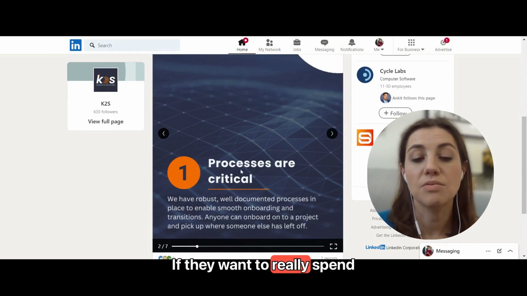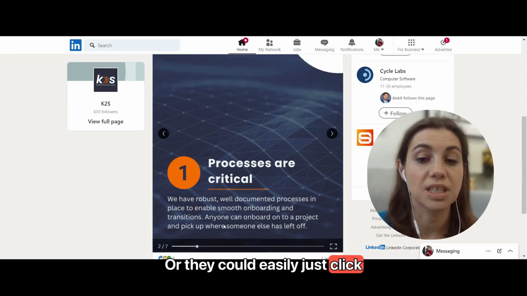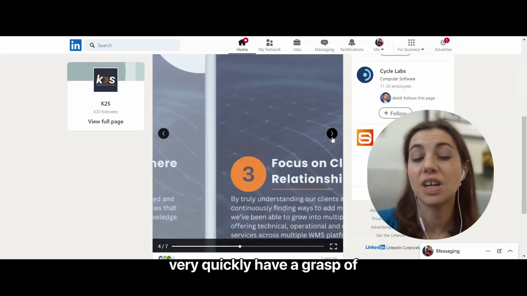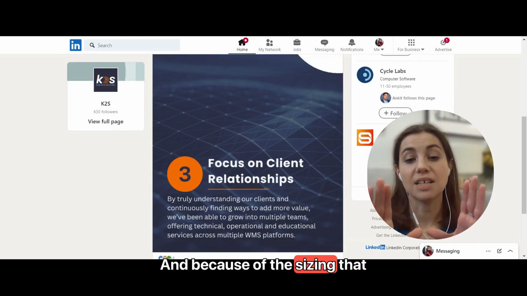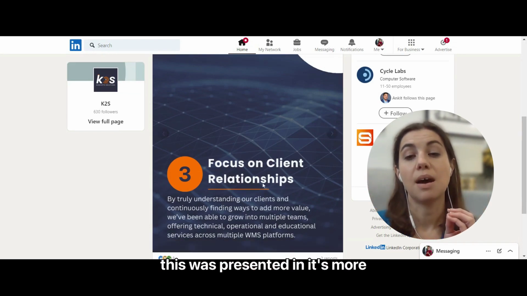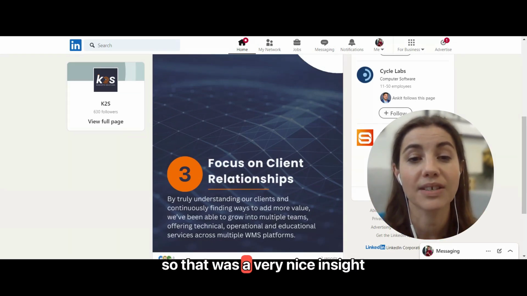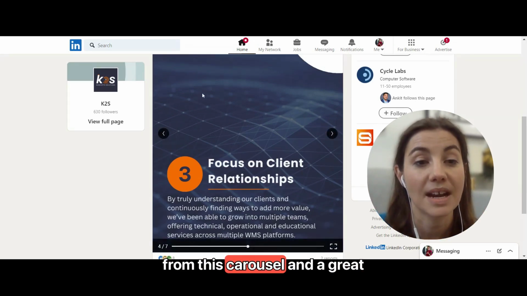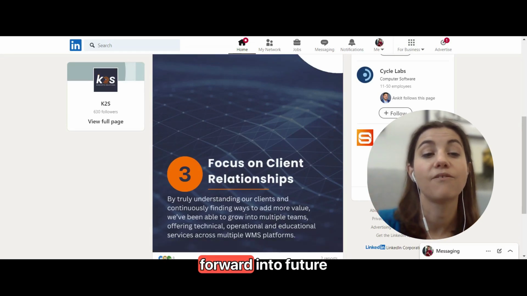If they want to spend more time on this content, they can read more about it, or they could just click through all the pages and very quickly have a grasp of what this content is about. And because of the sizing that this was presented in, it's more likely to pop in people's feed. So that was a very nice insight from this carousel, and a great learning that we can take forward.